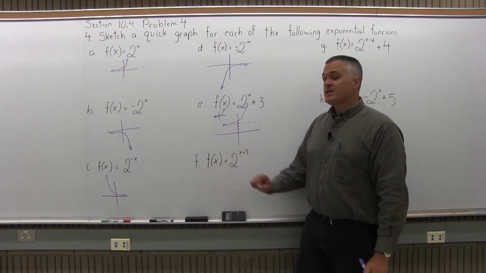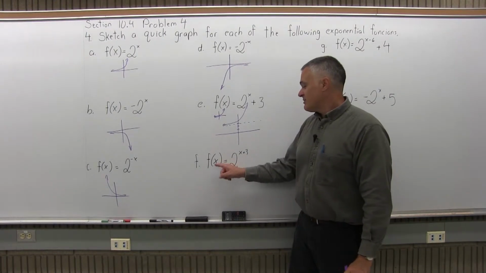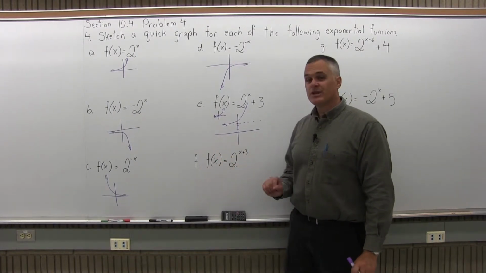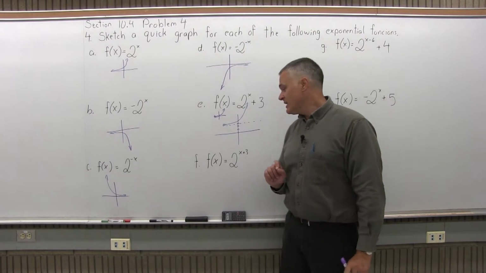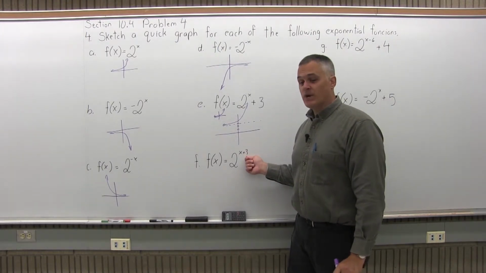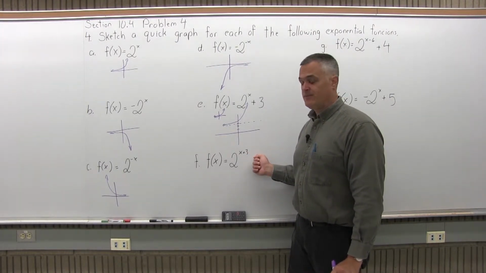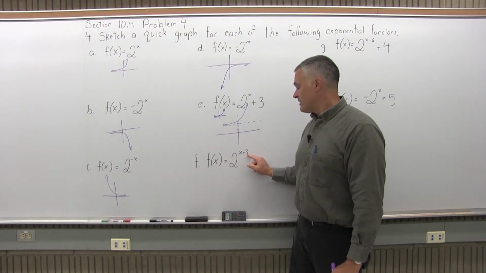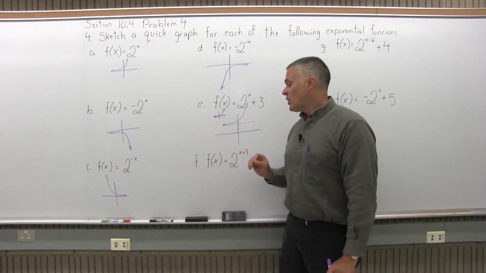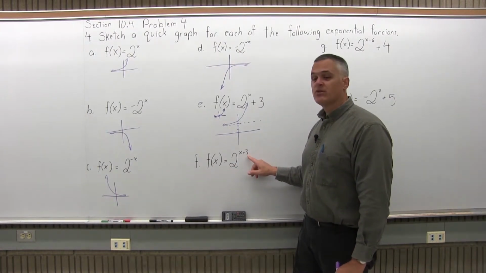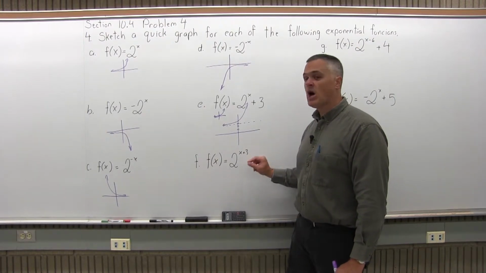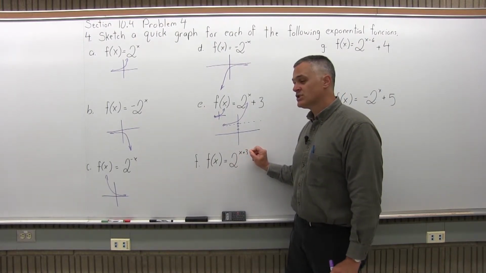Now part F is an interesting comparison. It says graph the exponential function f of x equals 2 to the x plus 3. But now the plus 3 is in the exponent. It's not on the end of the function. Now when the shift is in the exponent, it's a horizontal shift. So it shifts it by 3, but horizontal shifts occur in the opposite direction of the sign of the shift.